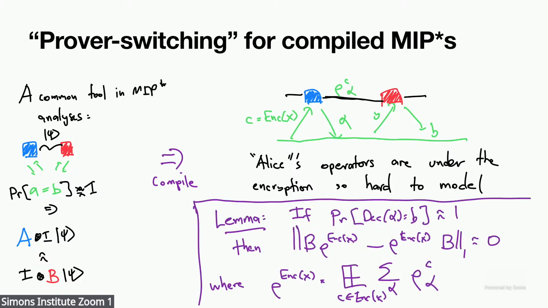So the version of prover switching that works in this setting is the following.